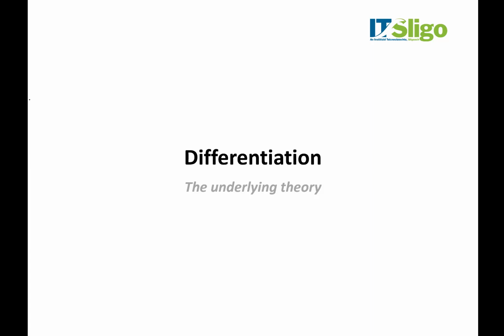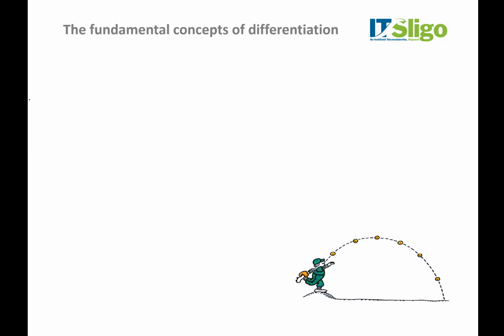I'll use them interchangeably, but don't be put off. They all mean the same thing. Everything we're doing in this lecture is all about finding the slope of a curve at any point we choose. So we're going to go back to the ball being thrown, but we're going to do it in a much more analytical way.